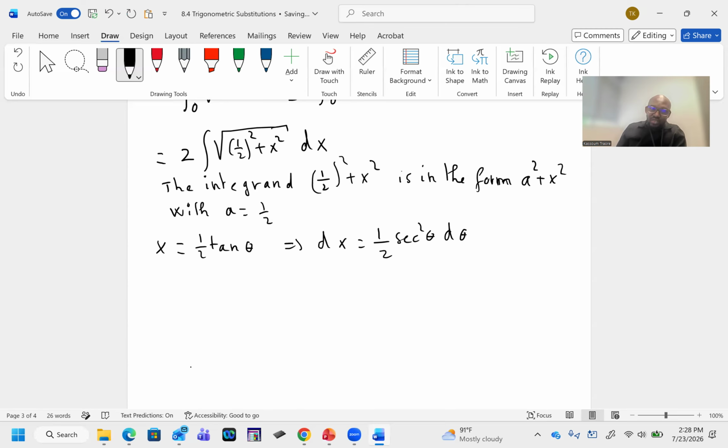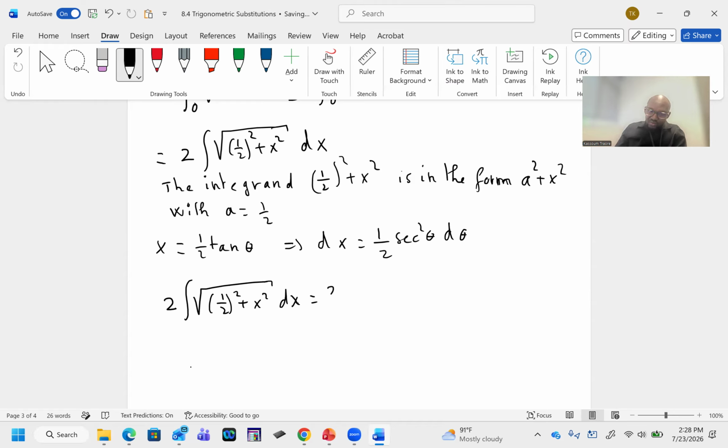So now I will set my 2 times integral of square root of 1/2 square plus x square dx. We will leave the limit of integration until the end, so I'm going to make it an indefinite integral so far.